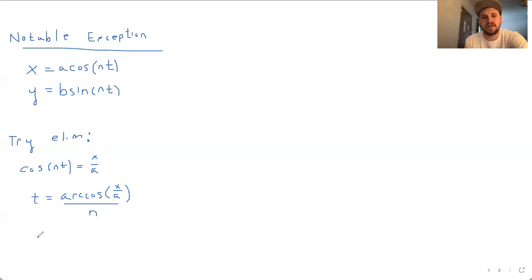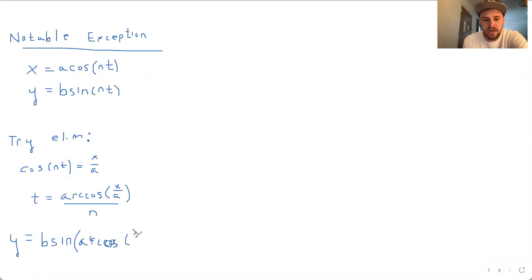And then we would have to plug this into y. So then we would get y equals b times sine of n times all this, which is over n. So the n would cancel. Okay, so we get sine of arc cosine, which already is technically correct, but intuitively, this doesn't tell me much about the function.